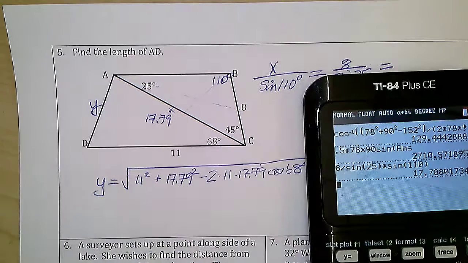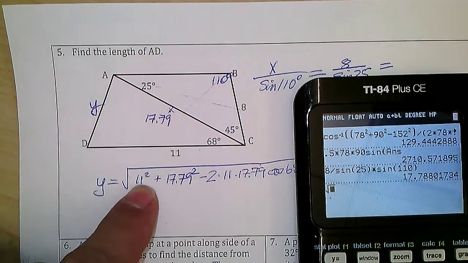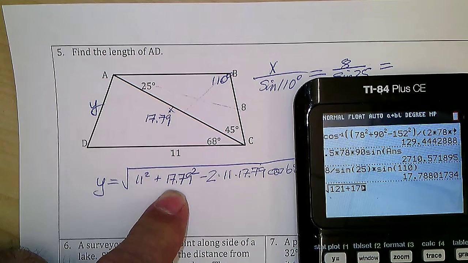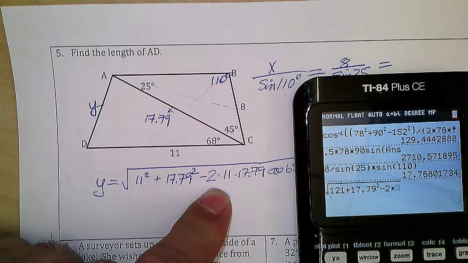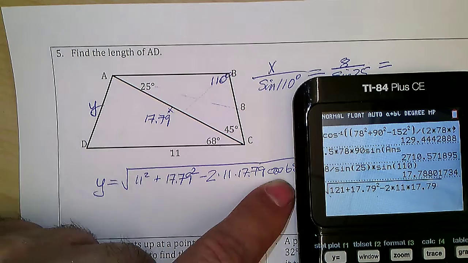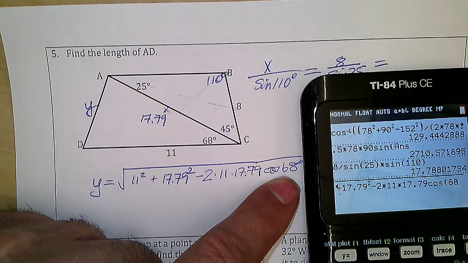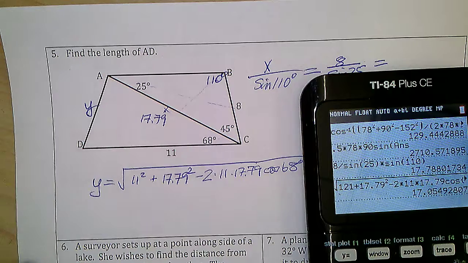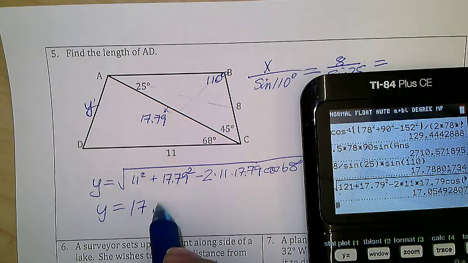So we have the square root of 11 squared, which is 121, plus 17.79 squared minus 2 times 11 times 17.79 times cosine 68. And we get y is equal to 17.05.